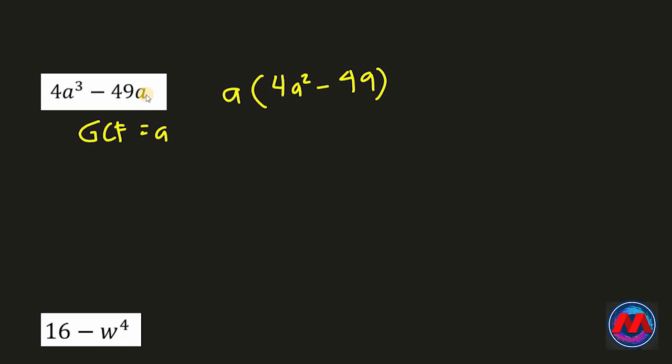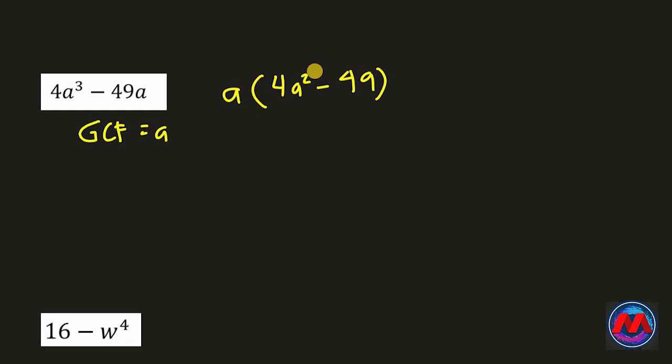Okay guys, we're not done yet. What we factored can still be factored, because 4a squared is a perfect square and 49 is also a perfect square.